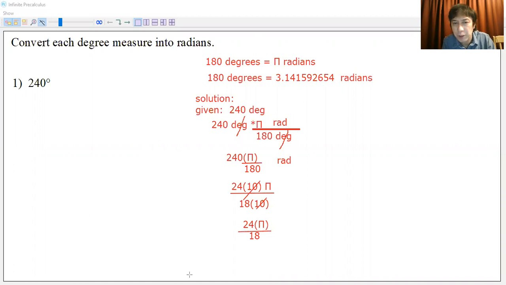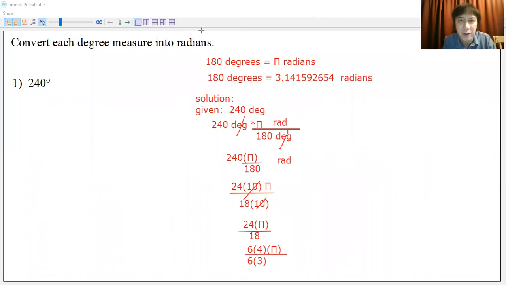24 is 6 times 4, so we can continue with the factors. We have 6 times 4 times the pi, and this is divided by 18, that's also 6 times 3. So we have our new fraction, and we can start canceling the numbers.